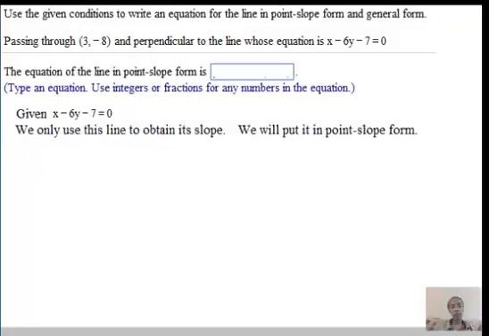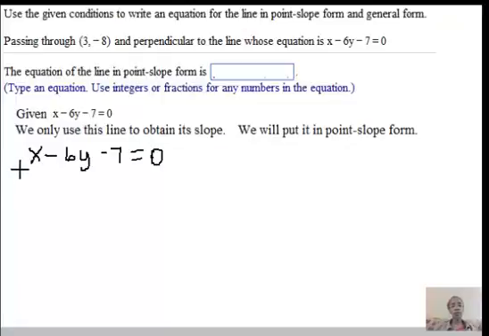We have x minus 6y minus 7 equals 0. And our goal is to isolate y.